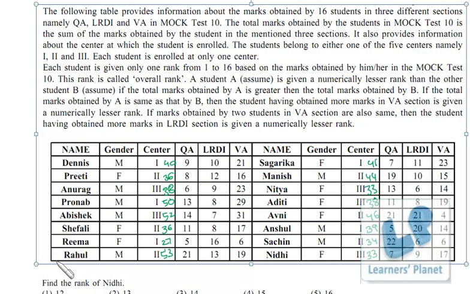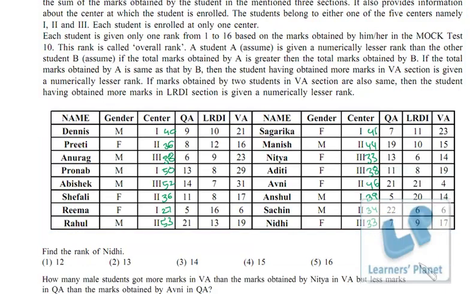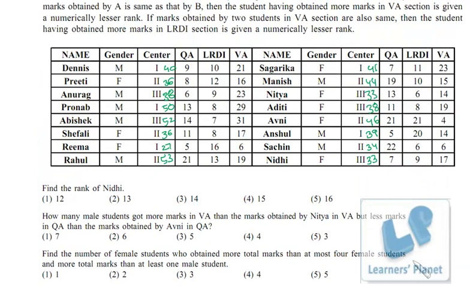Find the rank of Nidhi. Nidhi has got 33 marks. One more person, Nitya, has 33, and below 33 there is just one person, Rima, right? So Nidhi and Nitya both have the same position. 16th position will go to Rima.